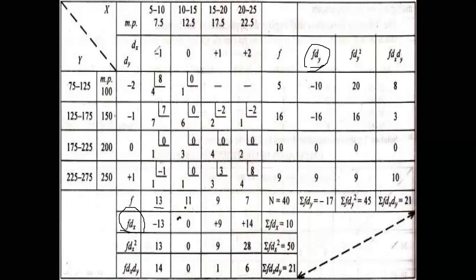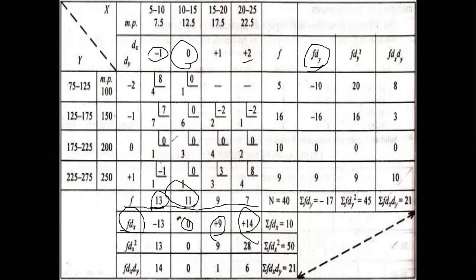If we do the multiplication of these frequencies, 13 is the first one. 13 multiplied by dx, the value will be minus 13. Similarly, 11 into 0, the value will be 0. The next is 9 into 1, the value will be 9. And the next is 7 into 2, the value will be plus 14.